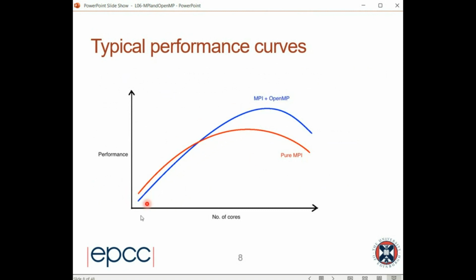If you do hybrid MPI and OpenMP, there are various overheads, but you may be able to extend the scalability out to a higher number of cores. That means it's a difficult software engineering challenge because you're developing down here. When you develop, you run on small numbers of cores, but you'll only see the benefit at large numbers.